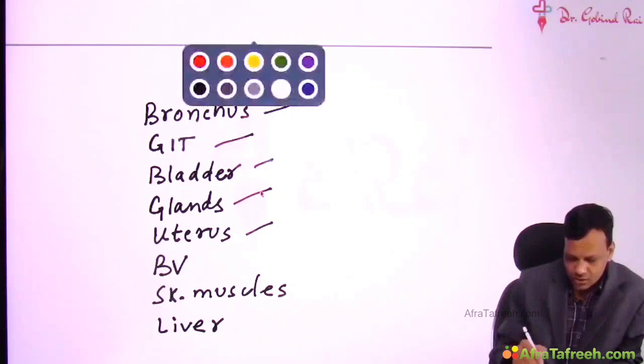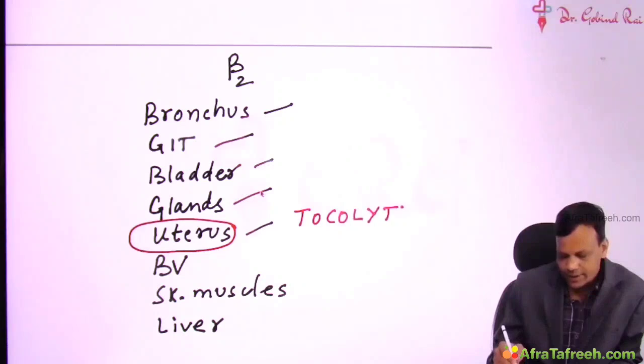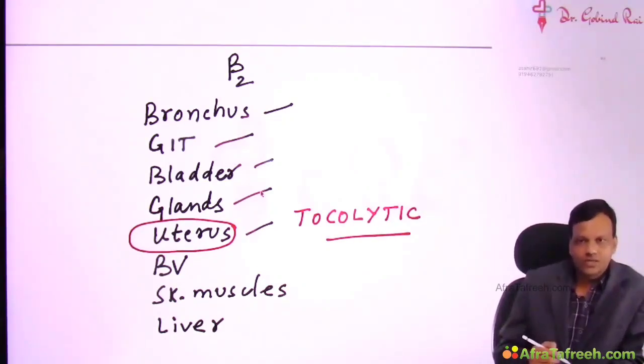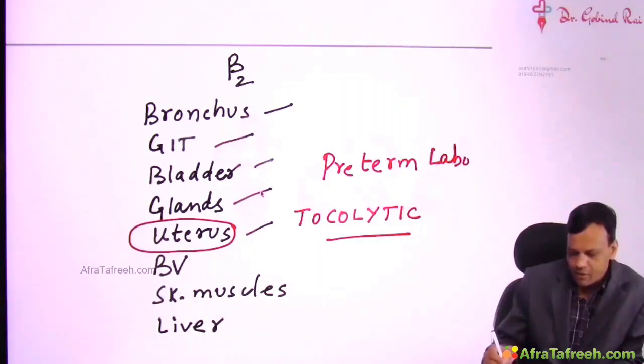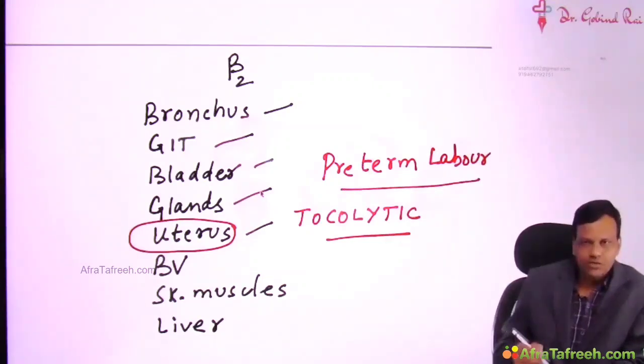Relaxation of uterus is called tocolytic effect. In which condition do we want to relax the uterus? It is used for preterm labor. If the labor pains start occurring before the maturity of the baby, we want to relax the uterus, so we can give beta 2 stimulating drugs.